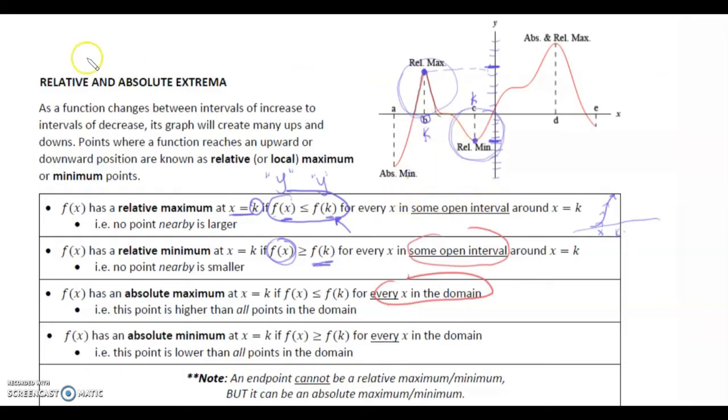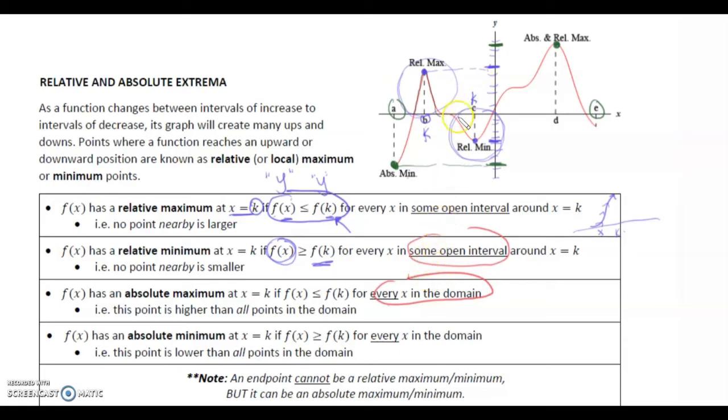So this domain, we're going from A to E as the domain. So take a look at this entire graph. The absolute maximum is the very, very, very maximum point, the highest of all the points. And then an absolute minimum would be the lowest of all the points in the entire domain.